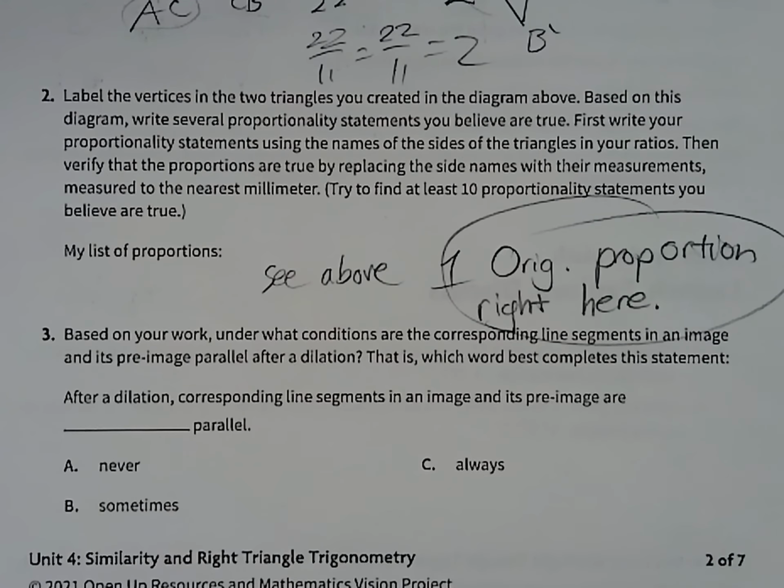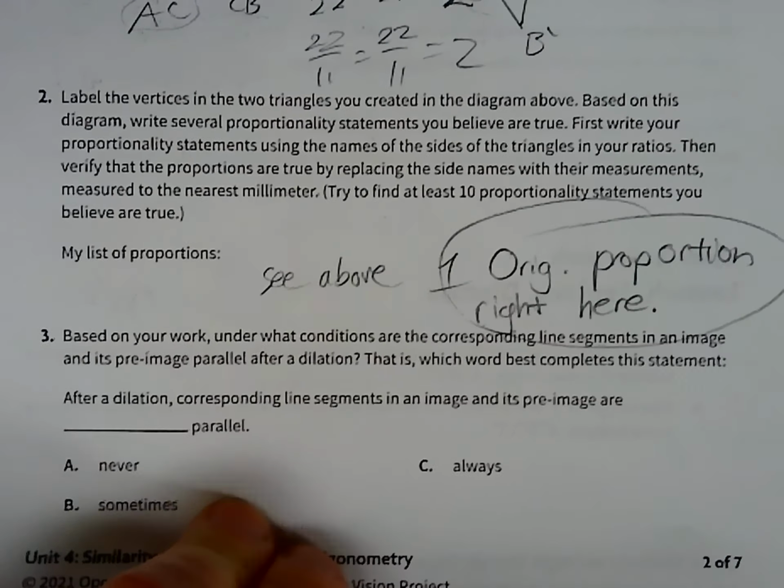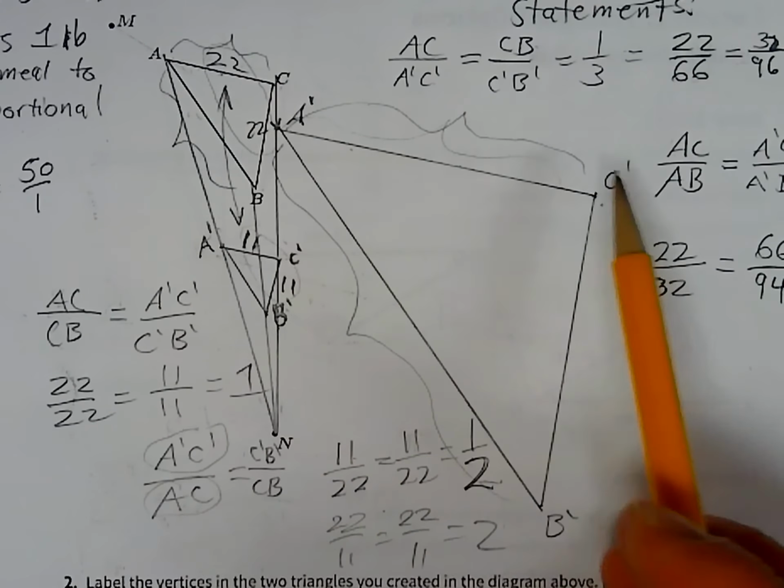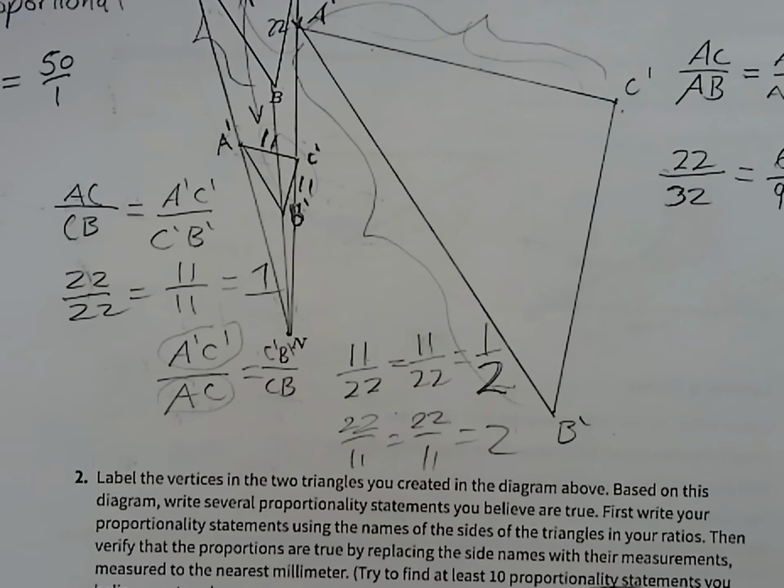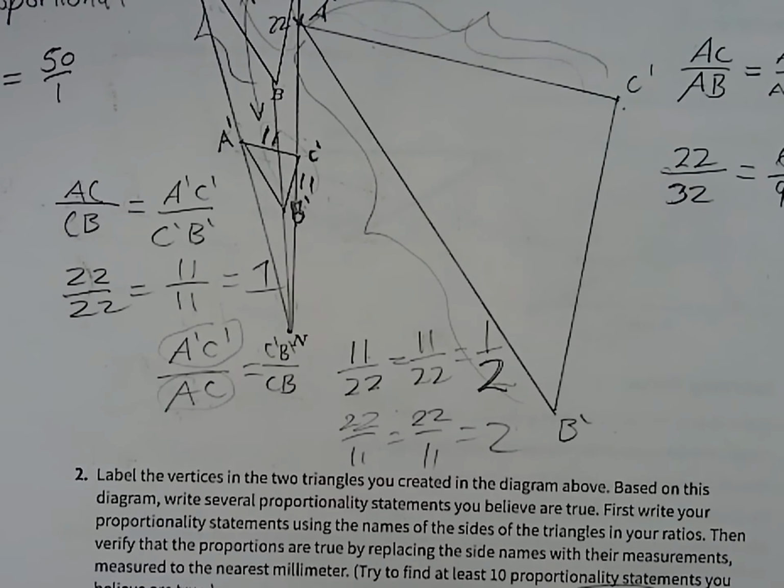Based on your work, under what conditions are the corresponding segments in an image and its pre-image parallel after a dilation? Oh no. I don't care about that. Yeah, they should always be parallel because there's no rotation. So AC and A prime C prime are parallel to each other. I guess if a side is perfectly in line, then it'll stay.